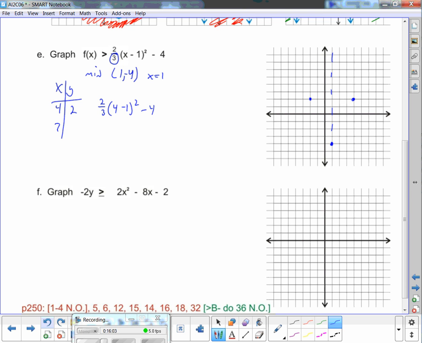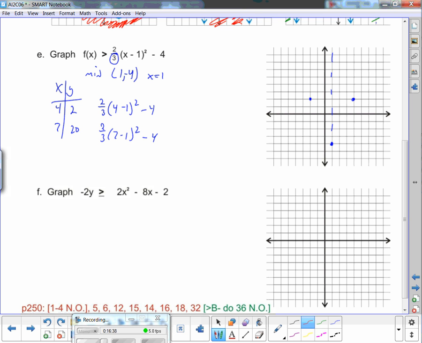But again, if you'll just go from your vertex, 3, and then 3 again, the math will take care of it. So this time when you do a 7, 7 minus 1 is 6. 6 squared is 36. 36 divided by 3 is 12. 12 times 2 is 24. 24 minus 4 is 20. And you can see we're off the charts. So 4, 5, 6, 7. So 7 is way up there. Who knows? Somewhere off into the sky. So it's going up there.